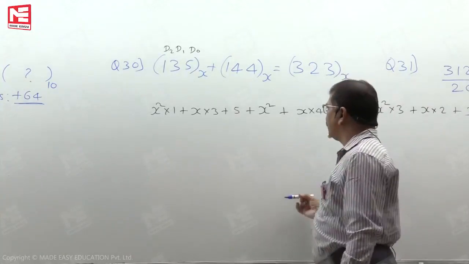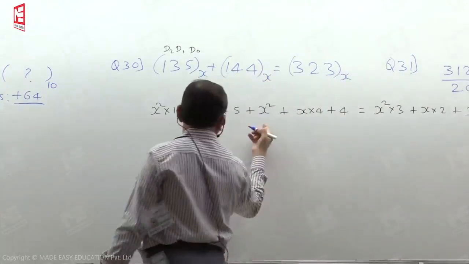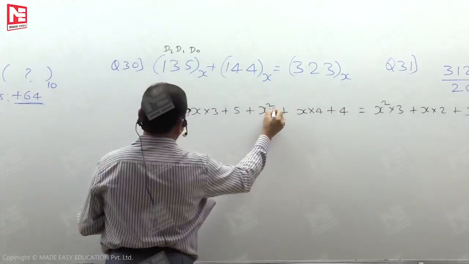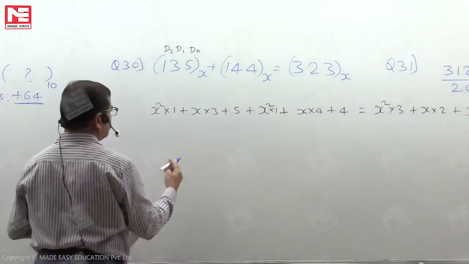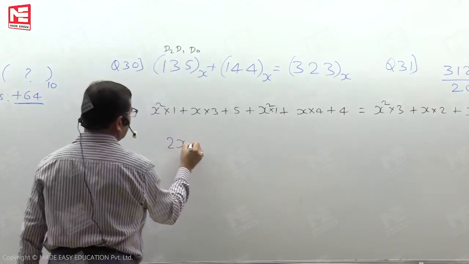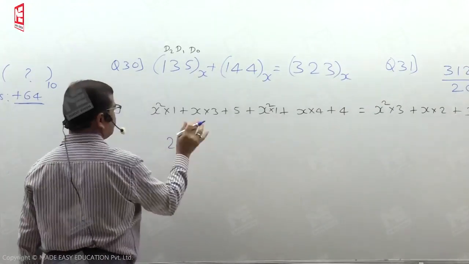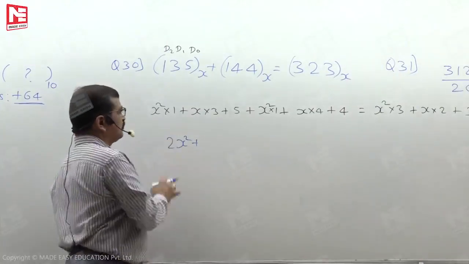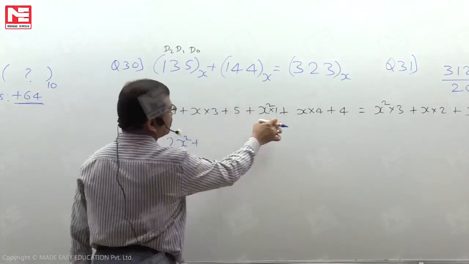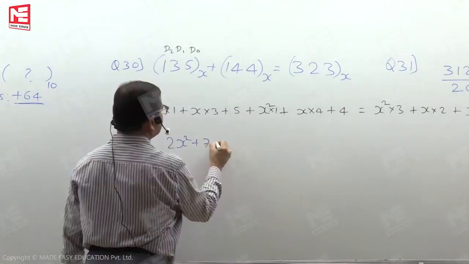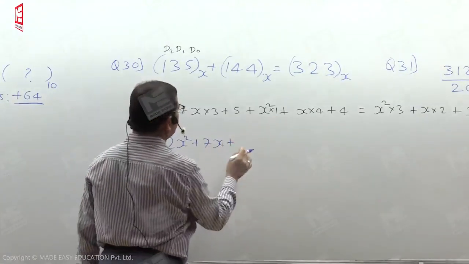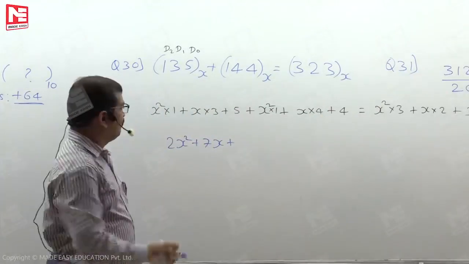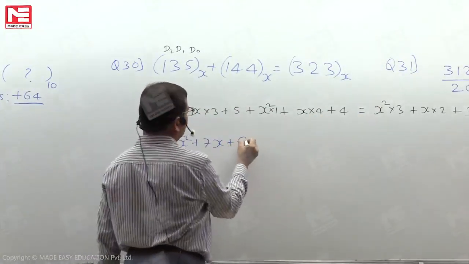So we are looking here. So 2x square, if any numerical mistake is happening, make a check yourself later if required. So at 2x square, 3x plus 4x, 7x, 5 plus 4, 9.